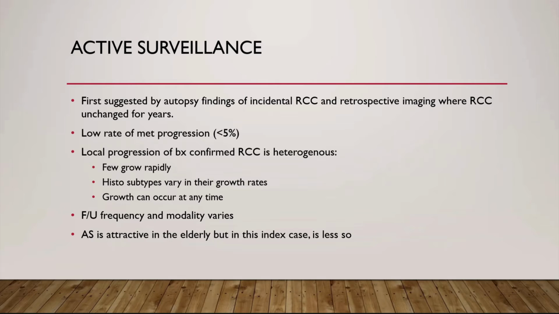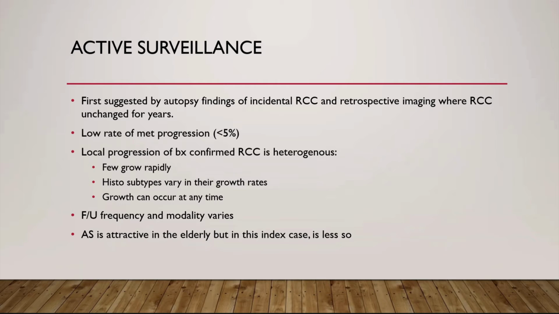They were also found to have very low rates of progression to metastasis, and the local progression of biopsy confirmed RCC is quite heterogeneous. So we know that few of them grow rapidly, but growth rates do vary based on the histological subtypes, and growth can occur at any time.